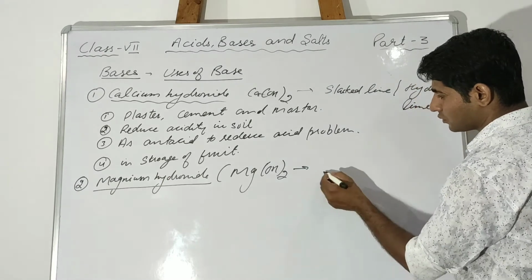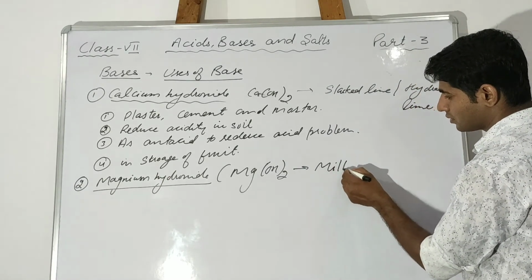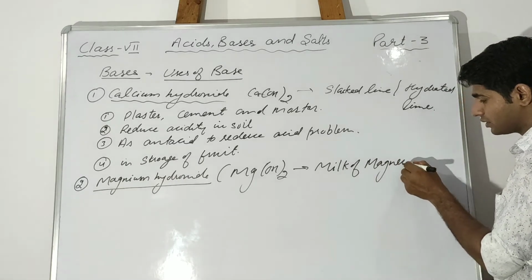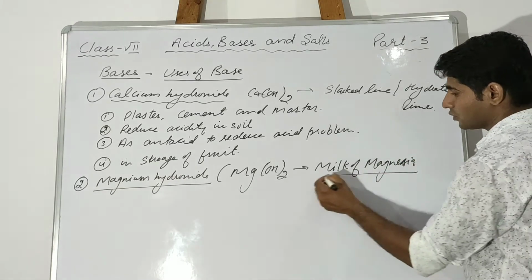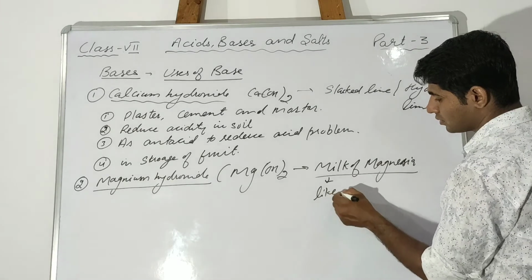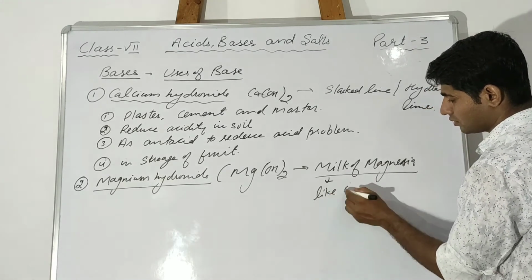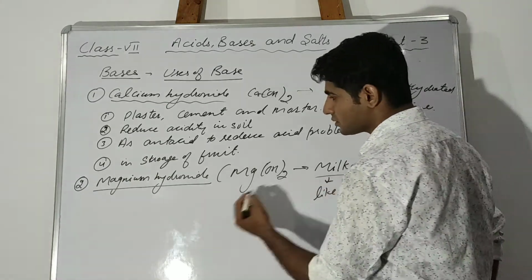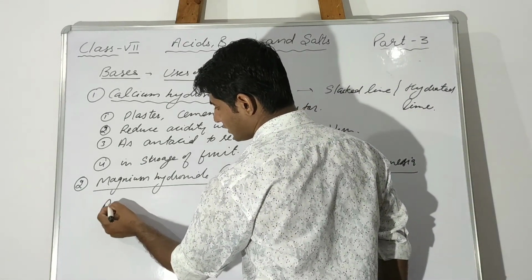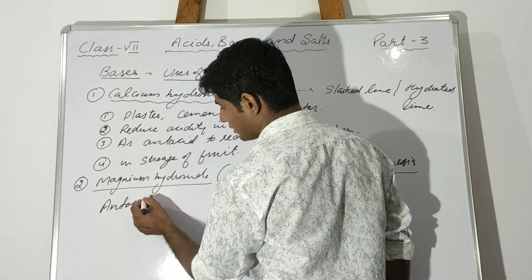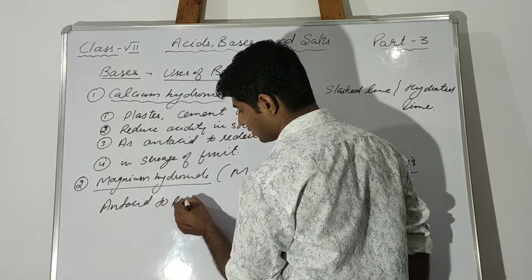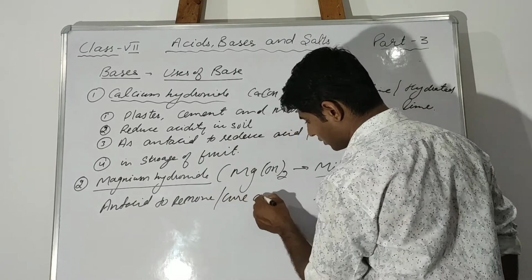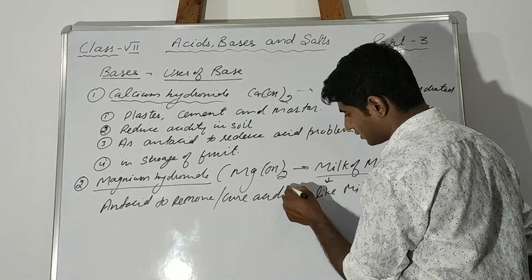This is also known as milk of magnesia because it looks like milk, and this is used as antacid to remove or to cure acidity.